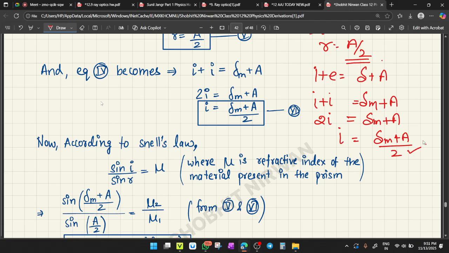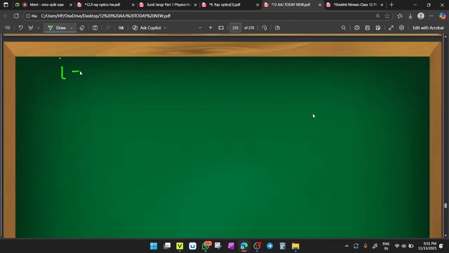Clear or not clear? So we have the values for I and for R. R equals A by 2 and I equals delta M plus A by 2.